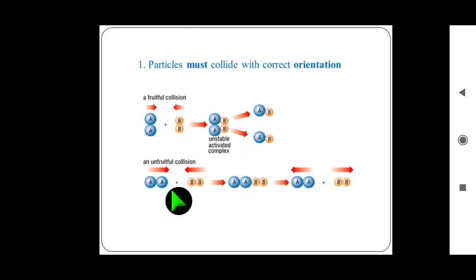Another type of orientation, what is that? An unfruitful collision, an ineffective collision. So how is it possible? When the A2 molecule collides with the B2 molecule, the correct product is not appearing.